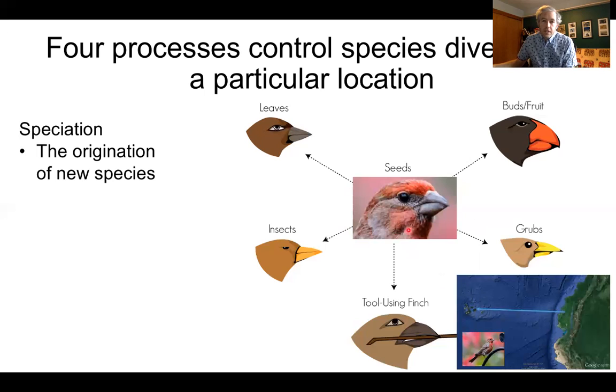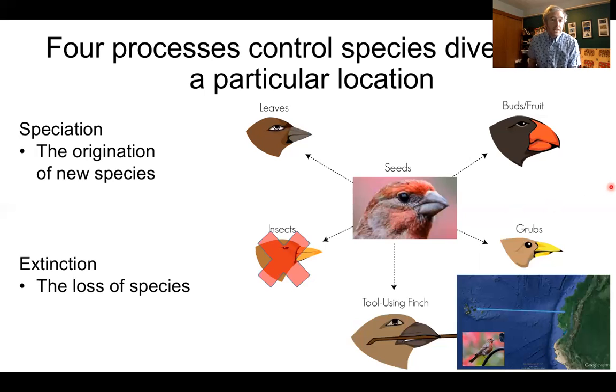The original species started to speciate out, and it produced different species that focused on buds and fruit, grubs. There was even a tool-using species, insects and leaves. So the original species came in, and then it speciated out, and this produced lots of new species, and therefore increases diversity.